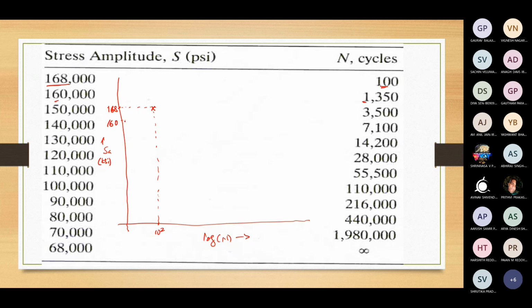I'm just roughly showing the SN diagram, how we might get it. So maybe here we can go for 10 to the power 3. If I want to get at 160, to be specific, it is 1350 cycles. So we can have one more point here.